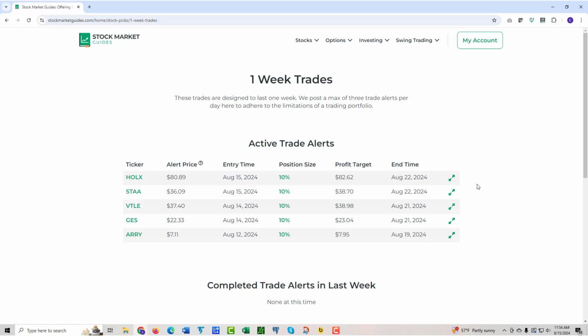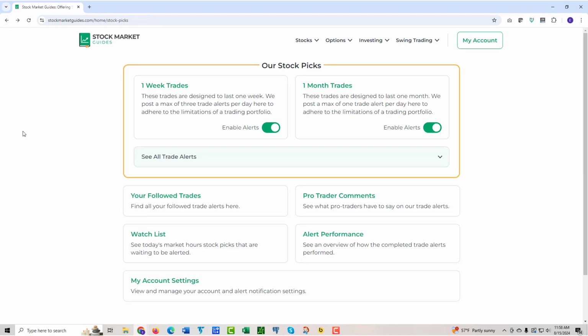So basically we do all the work and hand deliver it to you in as simple a format as we can so that you can easily take action if that's what you choose to do. That's the simplest way to take advantage of the research that we've done and the information that we provide. So if that's what you want, you simply click this toggle to enable alerts and you're going to be set to go. Now we do have a separate video that talks about configuring alerts to ensure they're going to the place that you want them to go.